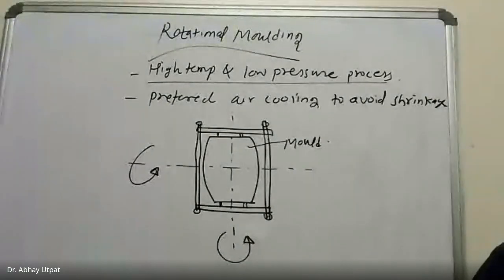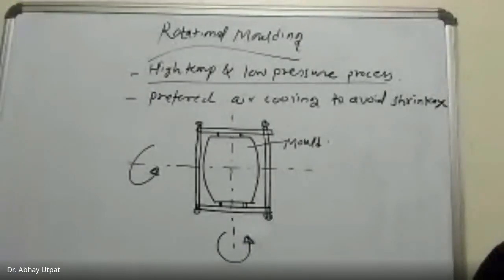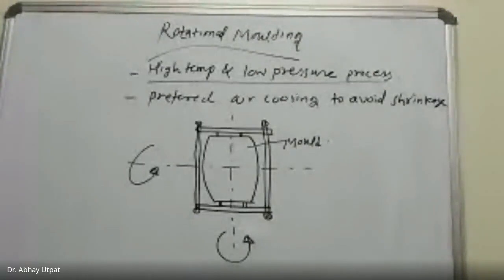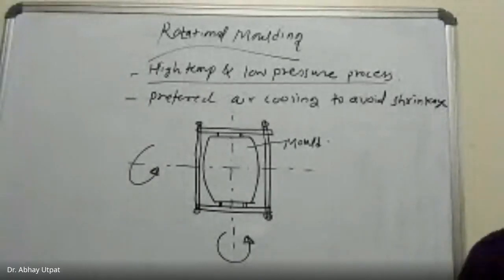Different types of mold release agents are used, in bracket, semi-permanent coating or permanent coating.